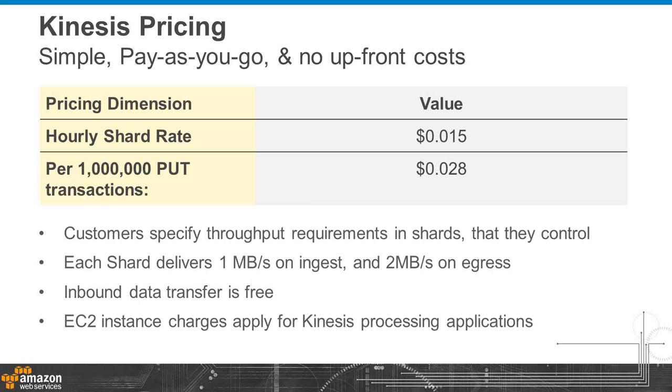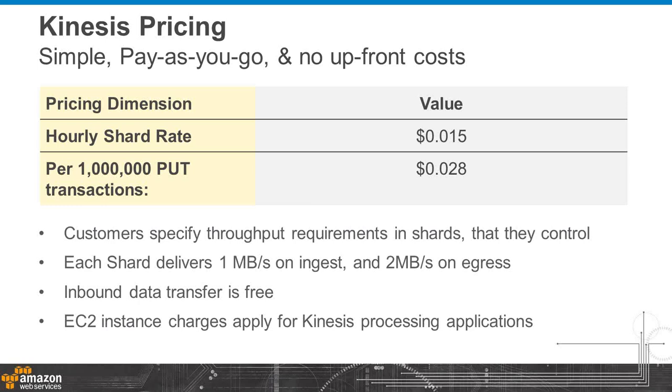There are two dimensions to Kinesis: the hourly shard rate, shards that customers can control. They can add or remove at any point, where each shard delivers 1 megabyte per second on ingest and 2 megabytes per second on egress. All inbound data transfer into Kinesis is free of charge.